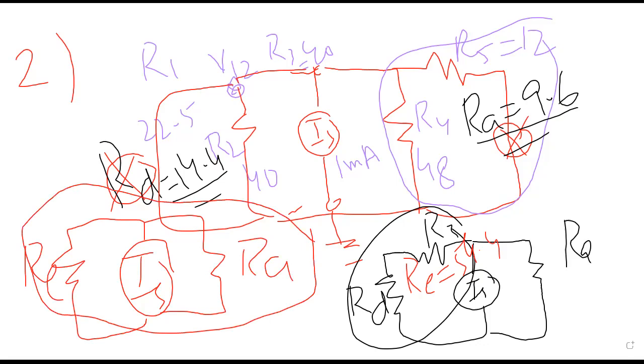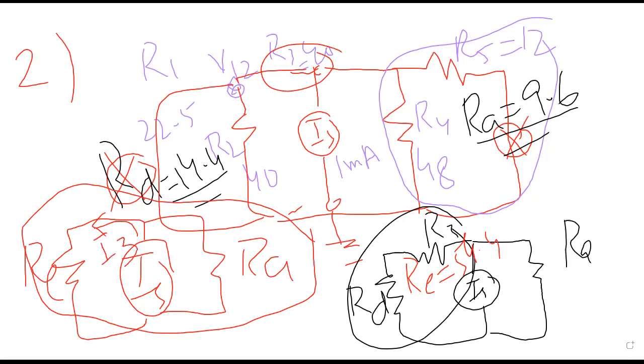Now I am going to find the value of I3 first. I3 means the current in the resistance R3, so it will flow in this I3.